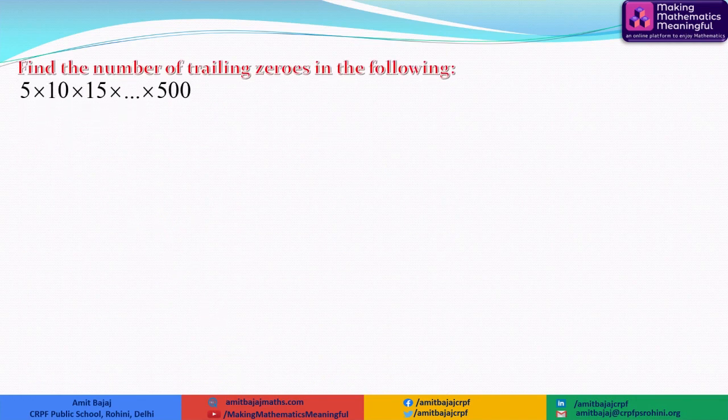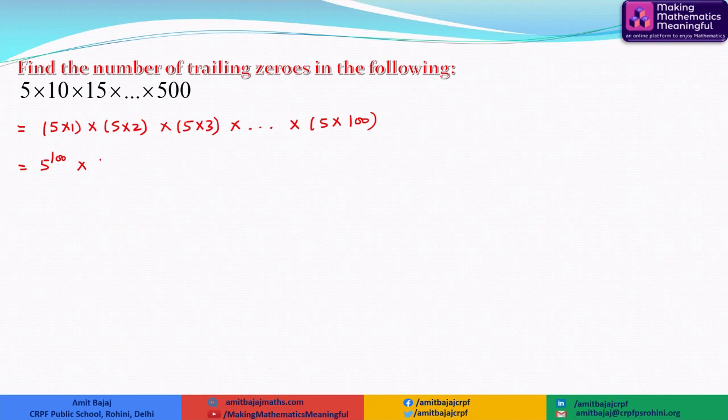Now in this problem, similar to the last problem, we can write this as 5 into 1, then 5 into 2, 5 into 3, up to 5 into 100, which is now clearly equal to 5 power 100 into 1 into 2 into up to 100, which is 100 factorial.